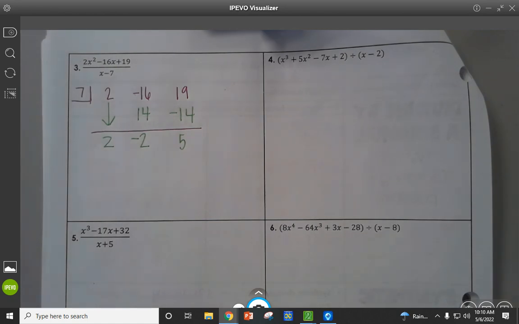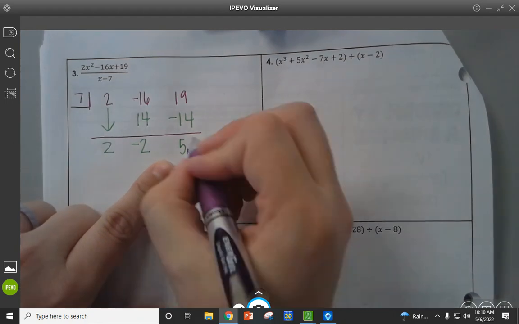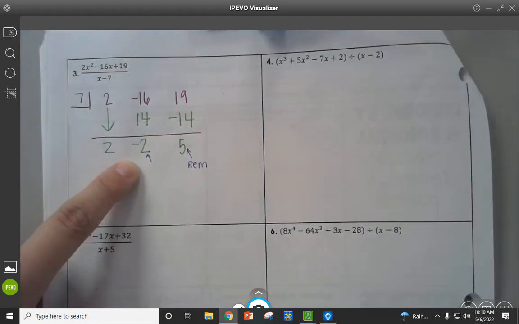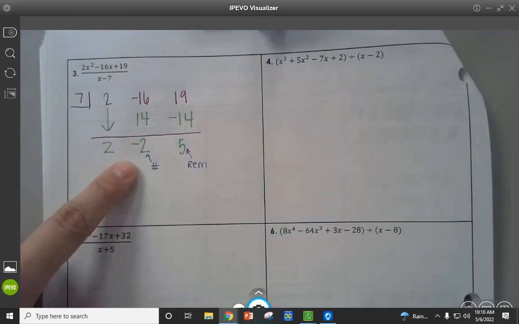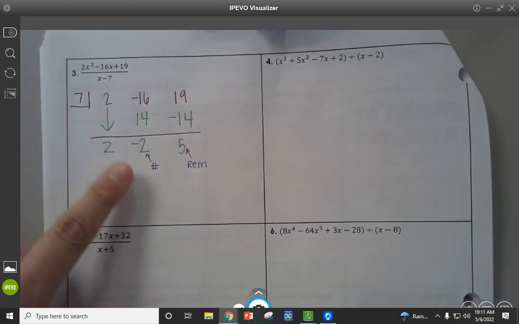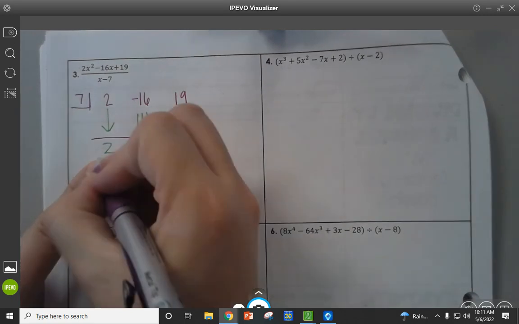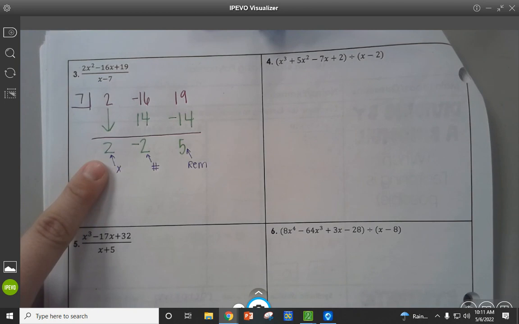We have to figure out what our answer is. 5 is what? It's a remainder. -2 is just a plain number, which we call a constant. What goes next? Just x. X first, then x squared, then x cubed, then x to the 4th.